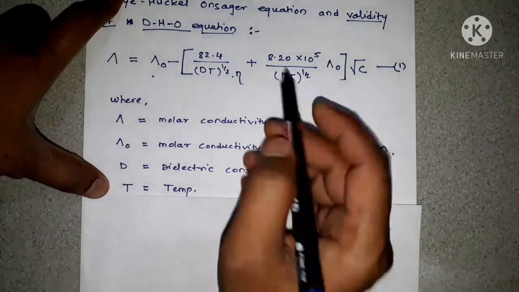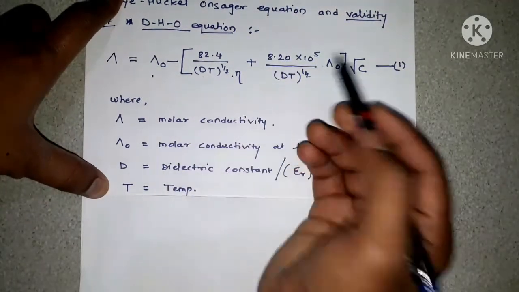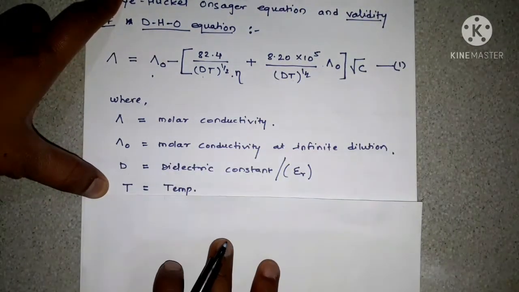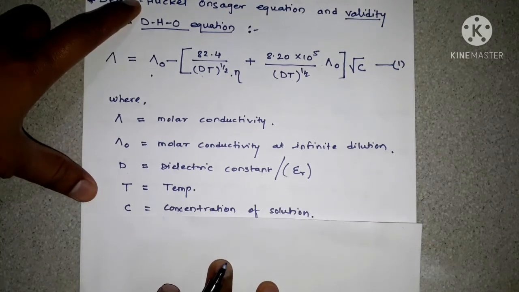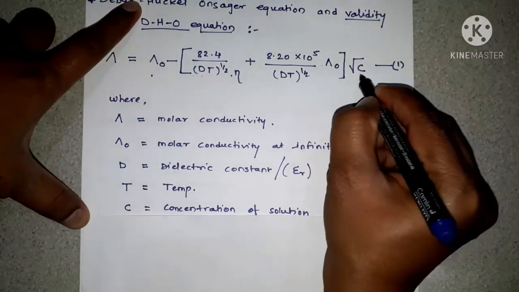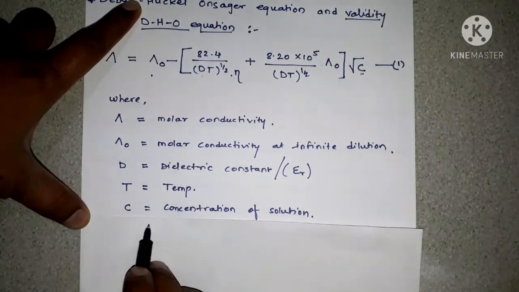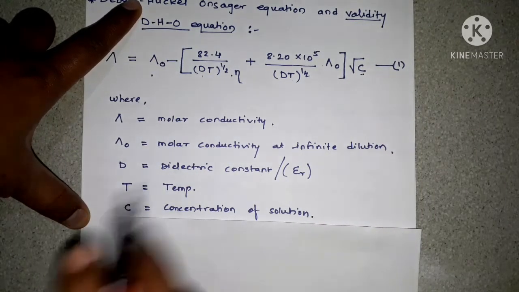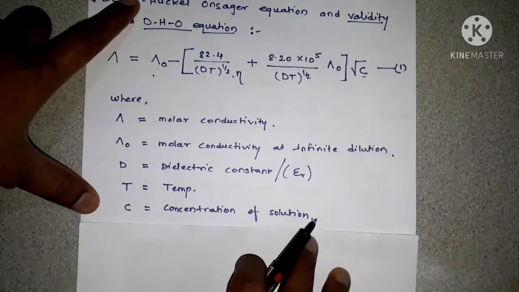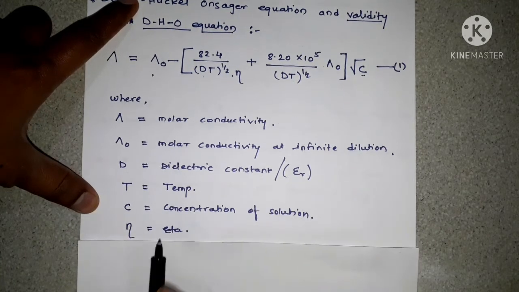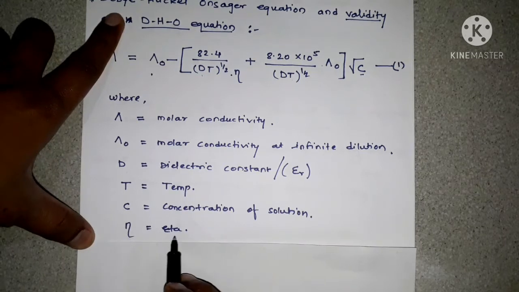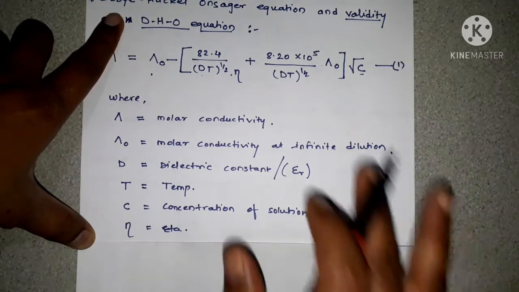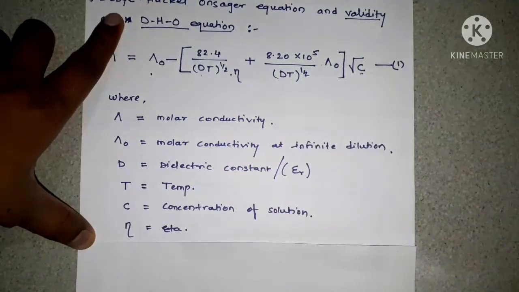Then capital T indicates the temperature of the electrolyte solution, then capital C is the concentration of the solution, and eta is also present in the equation.